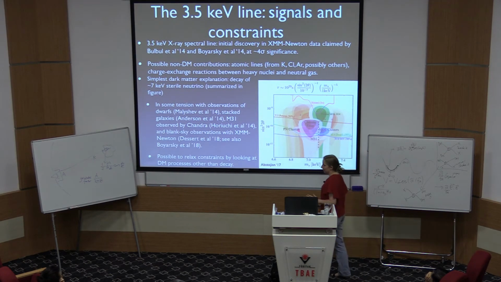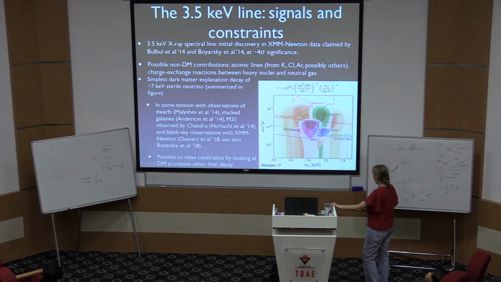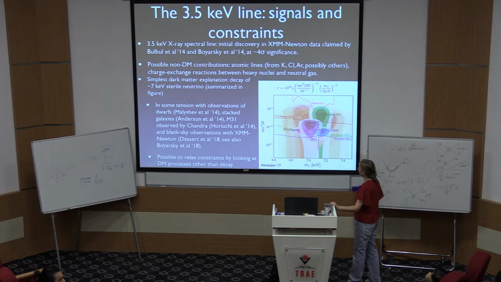They have some nice evidence that this signal is not just an instrumental effect, because it's been seen in multiple different instruments, and the clusters are at different redshifts, and you can check that you only see the signal when you properly correct for the energy shift of the photons. If you ask what this could be if it's not dark matter, there are some atomic lines in this broad energy range.